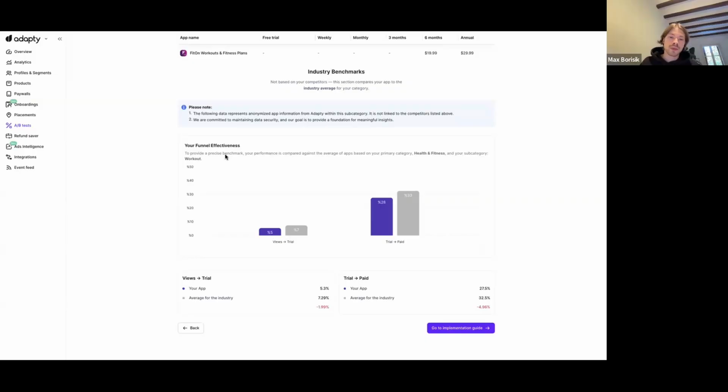So for example, many of them on average have 7% from views to trial, while our app has only 5. And the same happens with the trial to paid. So most apps in the market have 33%, while we have only 28.